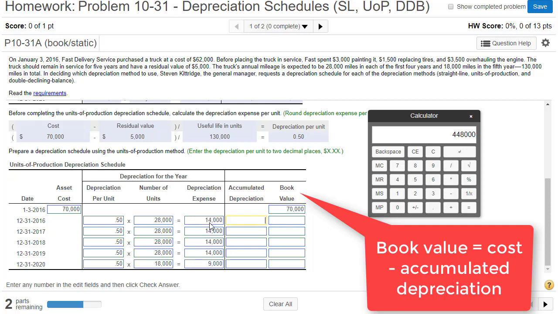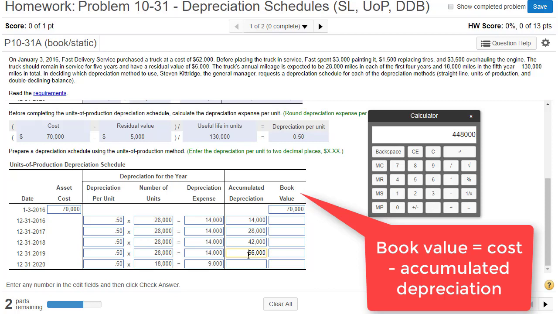Accumulated depreciation. The first year, it's going to be 14,000. The next year, it's going to be 14,000 plus 14,000 more, gives us 28,000. The third year, it's going to be the previous year's accumulated depreciation, 28,000 plus 14,000 gives us 42,000. And the next year, we've got 42,000 from the prior year, plus 14,000 more, gives us 56,000.